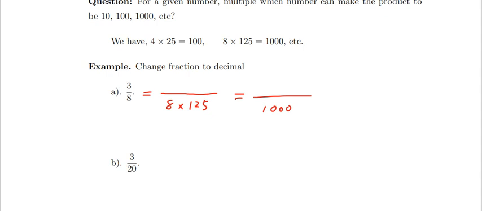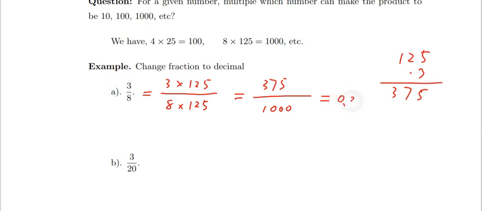So the numerator 3 also multiplies by 125. So 3 times 125 is 375. Okay, so we say this equals 0.375.